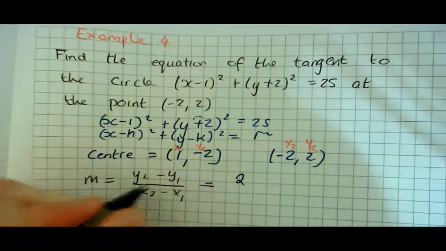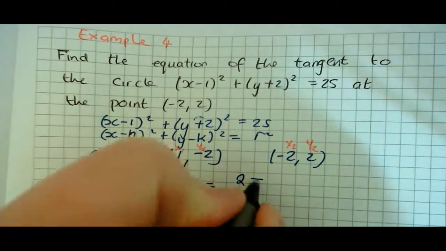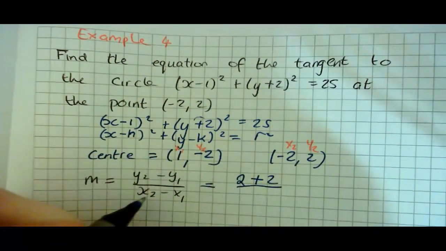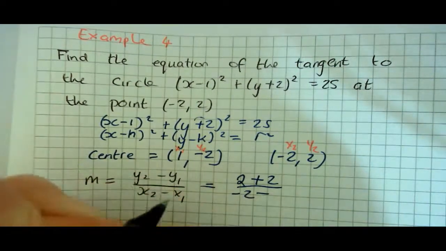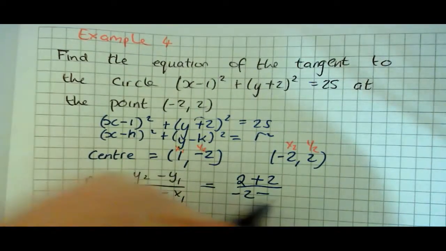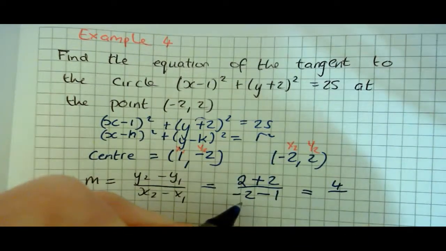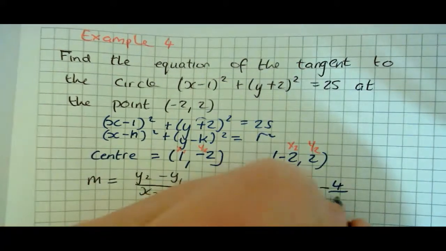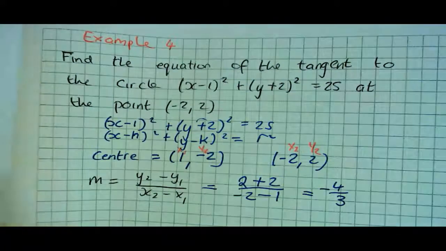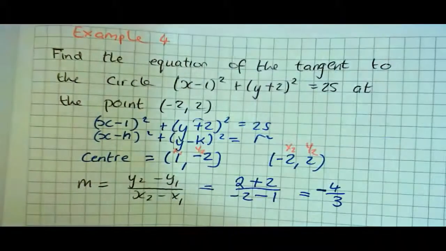It's 2, minus y1, what did I label y1? It's minus 2, so that's going to plus 2. x2, what do we label x2, is minus 2. Minus x1, what do we label x1, sorry, is 1. 2 plus 2 is 4. And minus 2 minus 1 is minus 3. So that's the slope of a line on the circle.